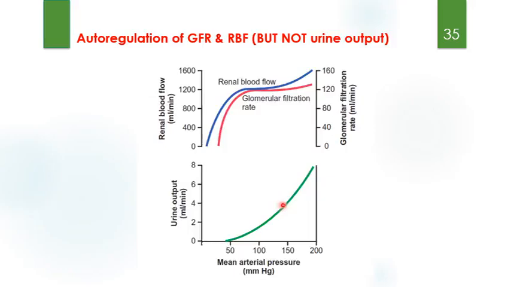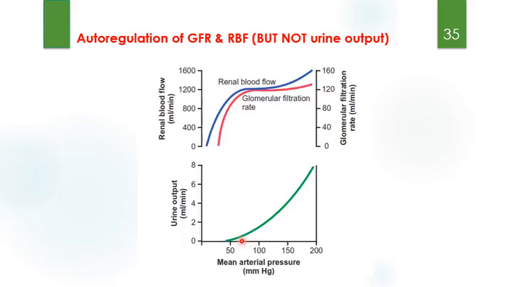With a decrement of blood pressure, the volume of urine is decreased, and below 50 millimeters of mercury mean arterial pressure, the urine output reaches zero and no urine output will be experienced.